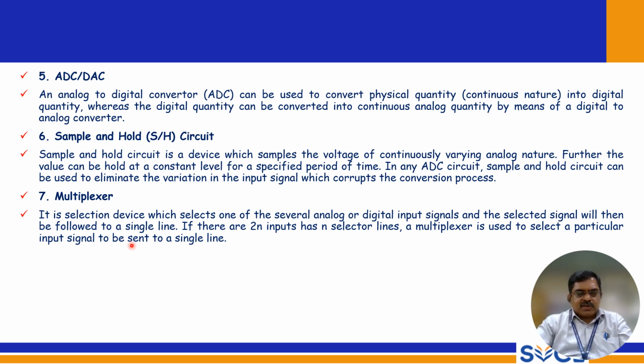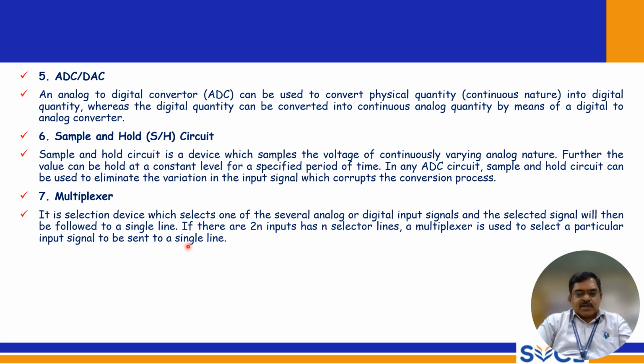The multiplexer is the selection device which selects one of several analog or digital input signals, and the selected signal will then be forwarded to a single line. If there are 2 to the power of n inputs with selector lines, the multiplexer is used to select a particular input signal to be sent to a single line.